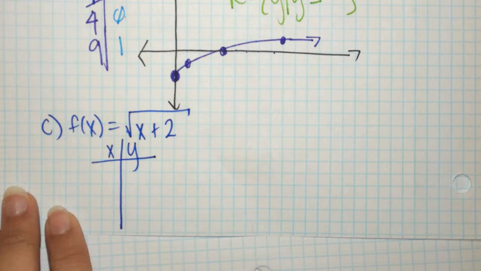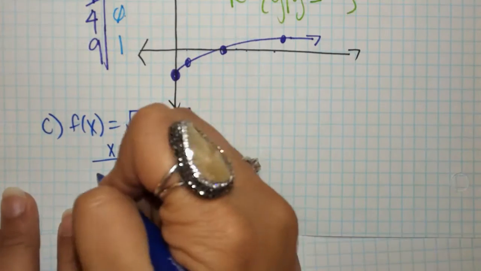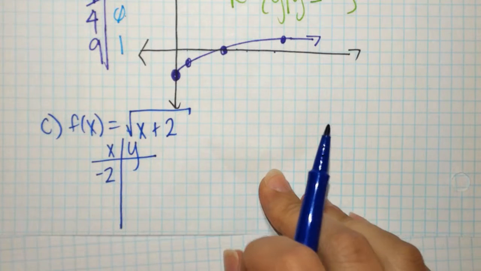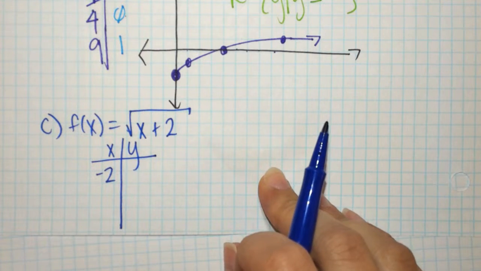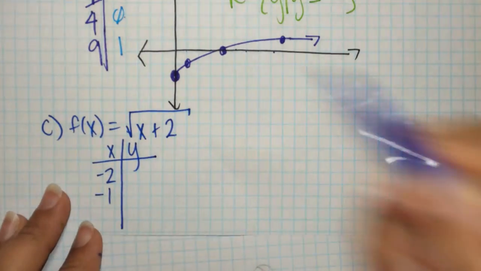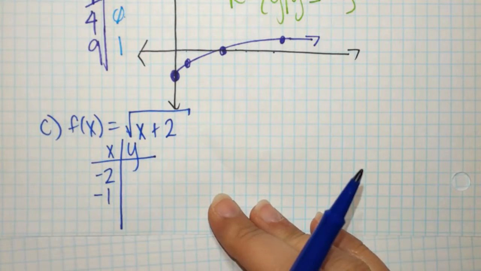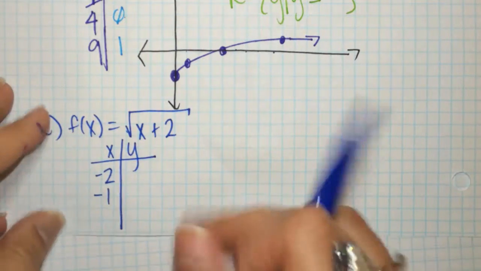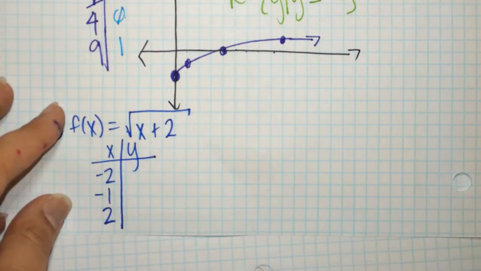What x value plus 2 will give me 0? Negative 2. Okay? So then what would I plug in next to get 1? Negative 1. And what would I plug in next to get 4? 2. Alright, let's plug in those.